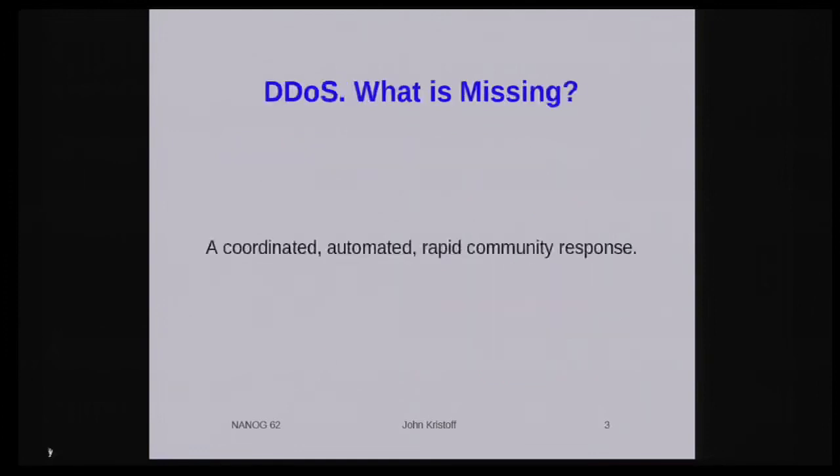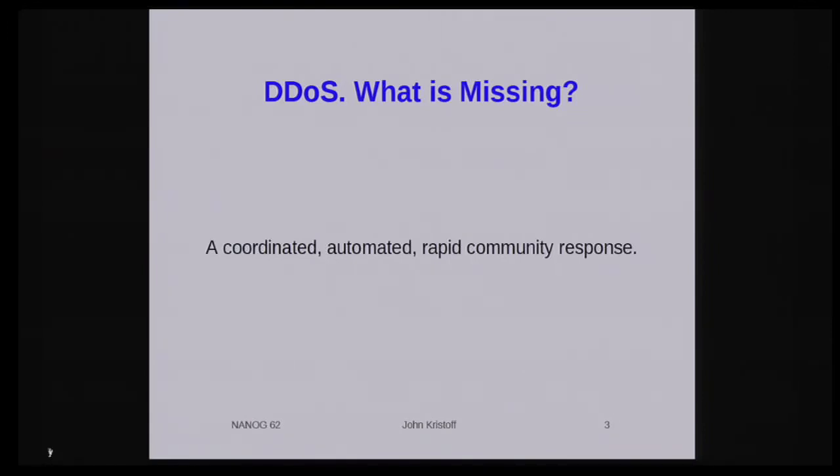So what we're missing is something bigger than this, something more coordinated. It would be nice if it was automated, and something very quick to deploy across a wider range of autonomous systems.